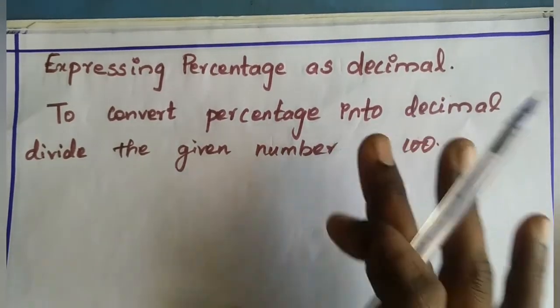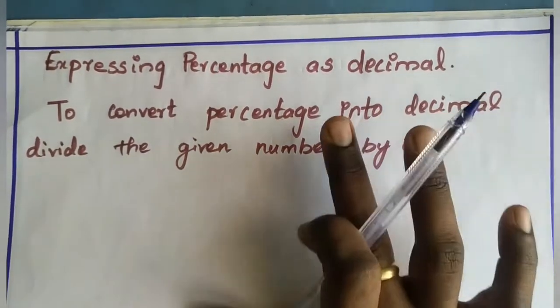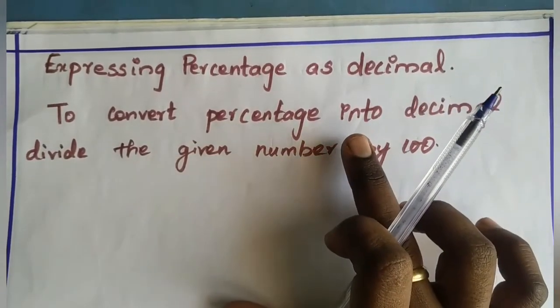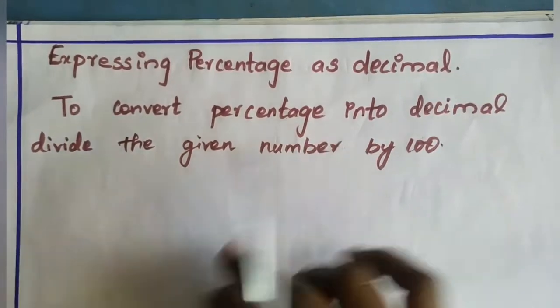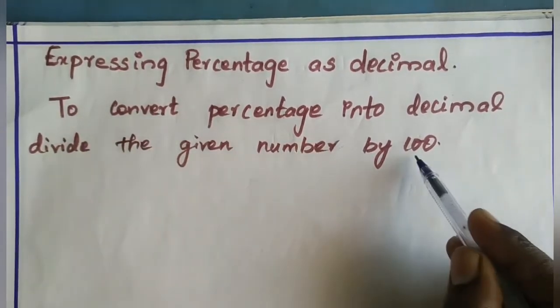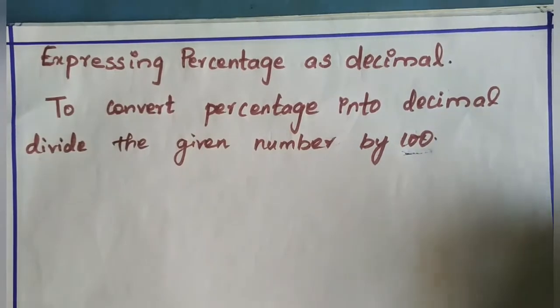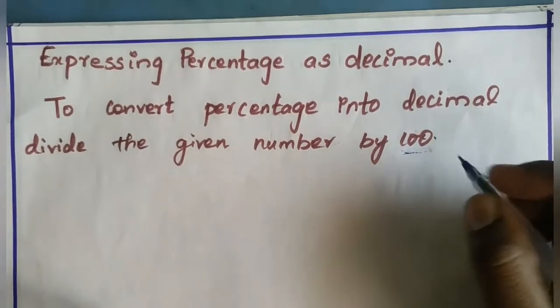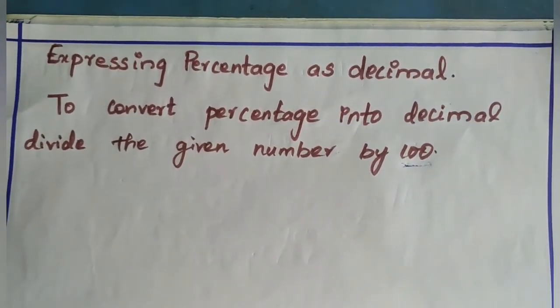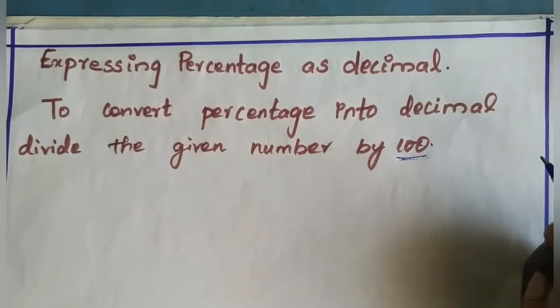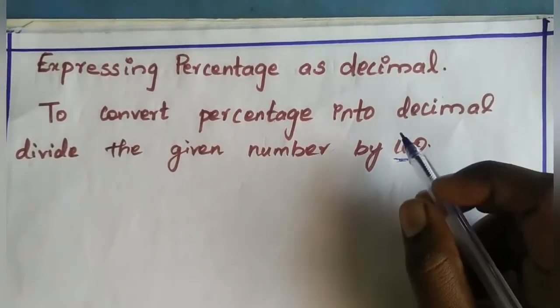But for expressing percentage as decimal, you divide the given number by 100. Percentage means 100. So divide by 100.